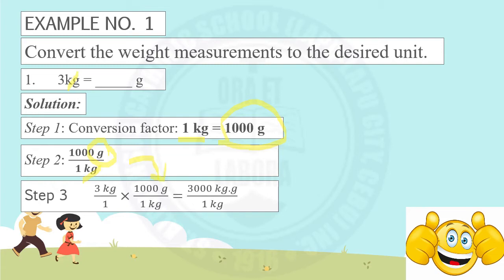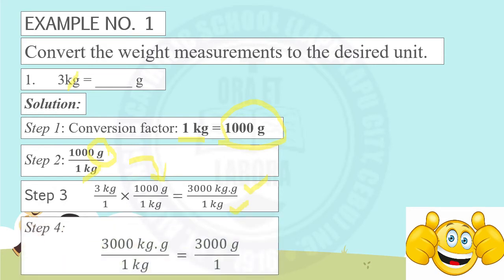So we will multiply 3 kilograms times 1,000 grams, which is equal to 3,000 grams. 1 times 1 kilogram is equal to 1 kilogram. We will do the cancellation of units.